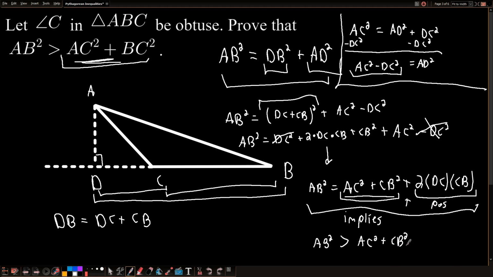And if you're adding an additional number onto this portion, then AB squared is going to be greater than those two things together. So now we have concluded that if C is an obtuse angle, then the following inequality must be true: AB squared is greater than AC squared plus BC squared.